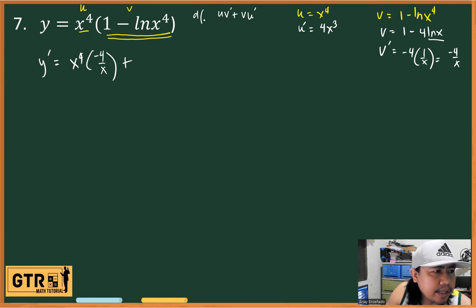Okay? So that is the derivative of u times v with respect to x. Okay, so that is our formula.